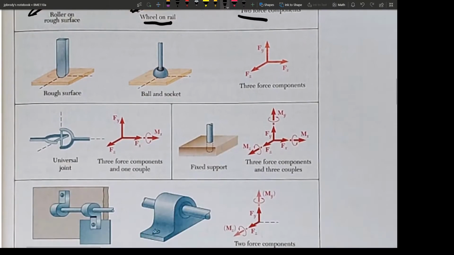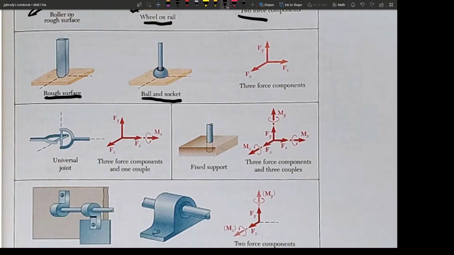Here's some more connections. So what we've got here, they say this is, I would call like a chair leg on a rough surface, or equivalently a ball and socket. This kind of makes it more explicit. And then we've got 3 force components.